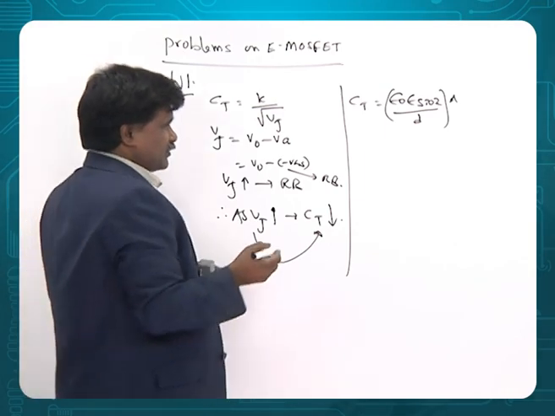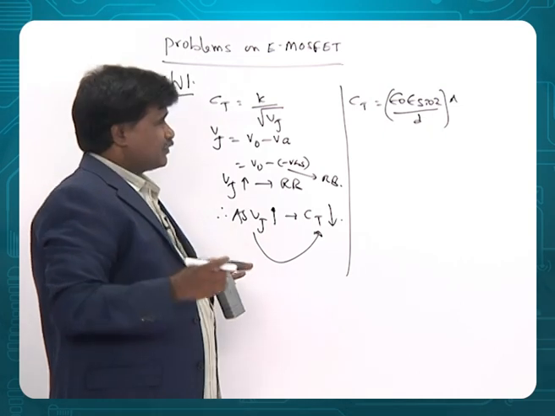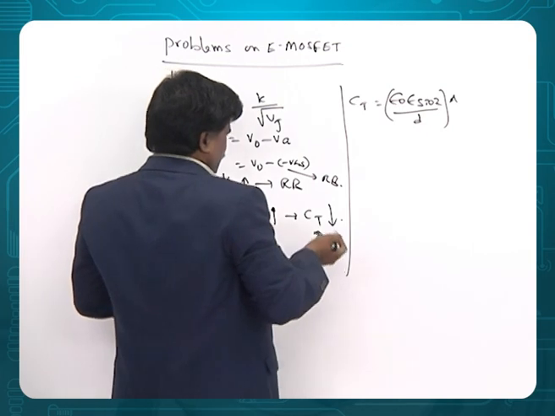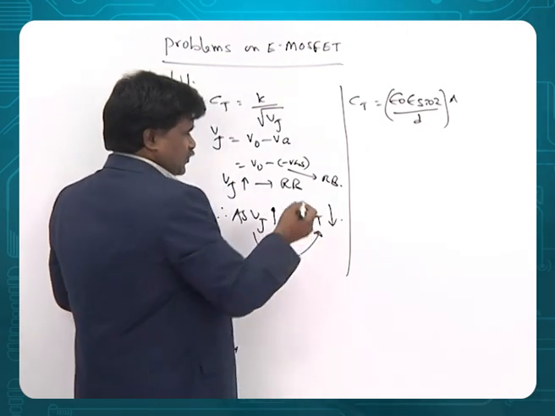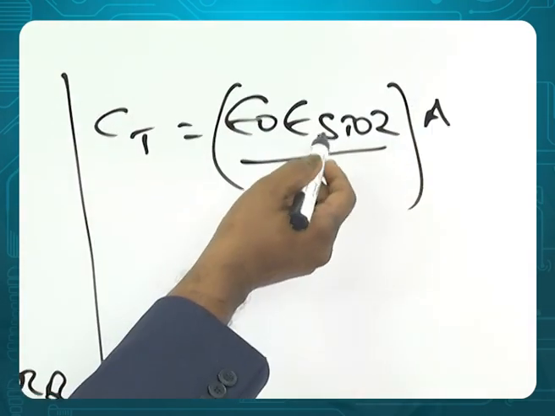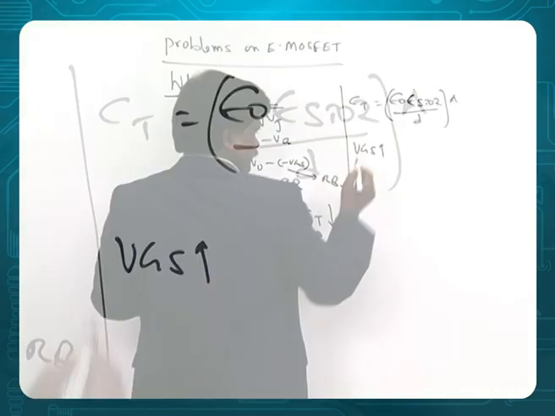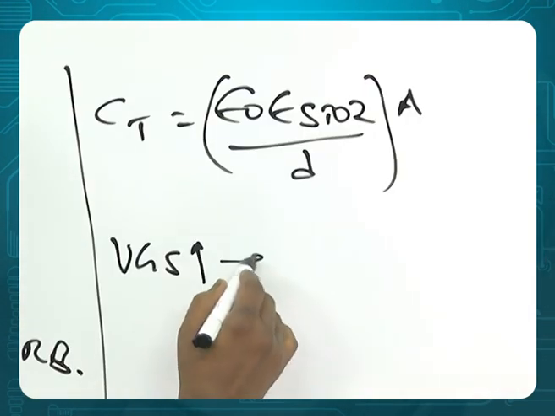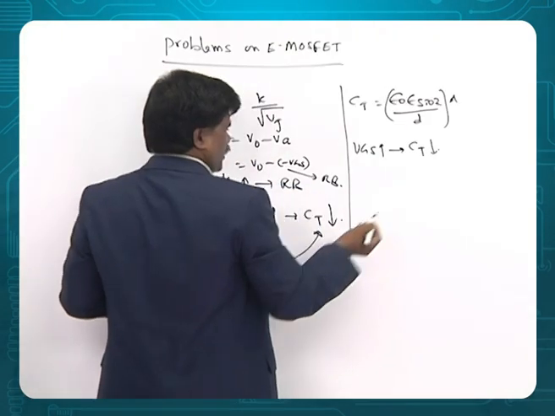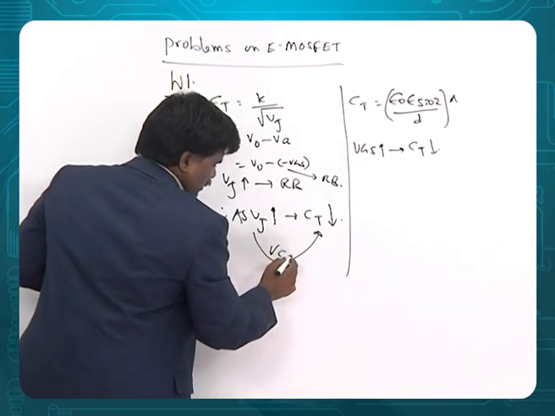Silicon dioxide layer, because in the MOSFET, silicon dioxide layer is acting as insulator. So even in this way, if you increase voltage, capacitance changes. And when you change voltage VGS, automatically the capacitance also will change here. Overall, we say this is called voltage control capacitor.